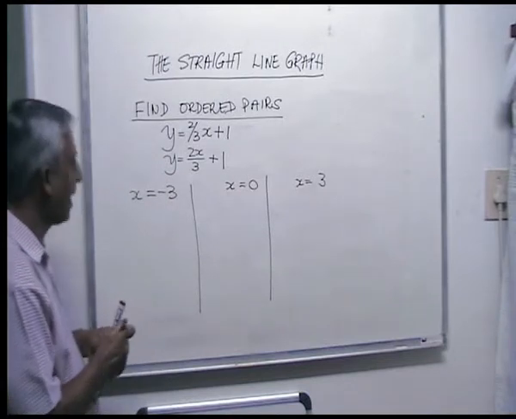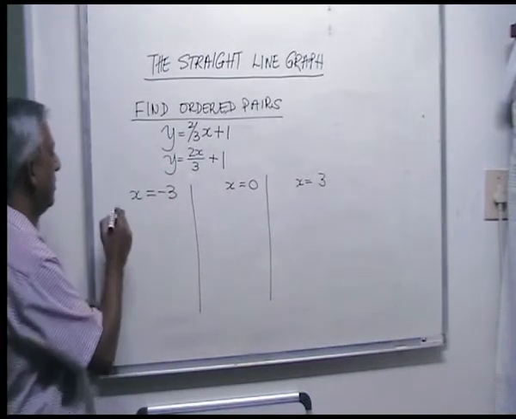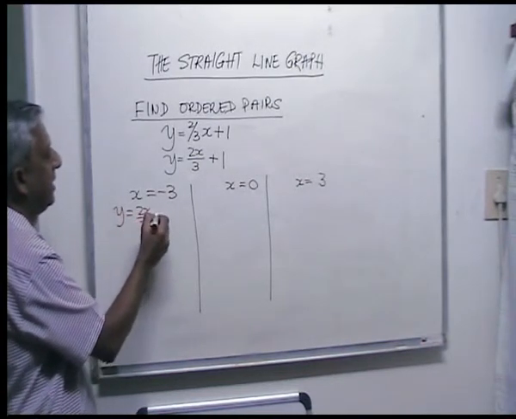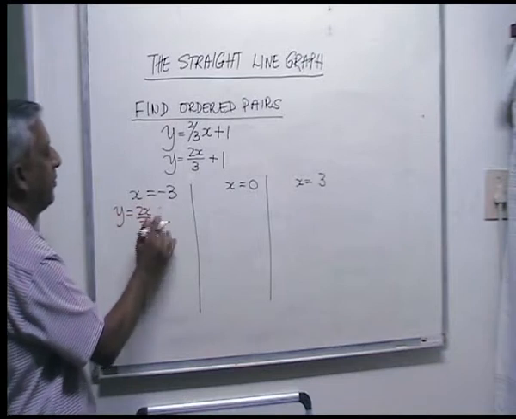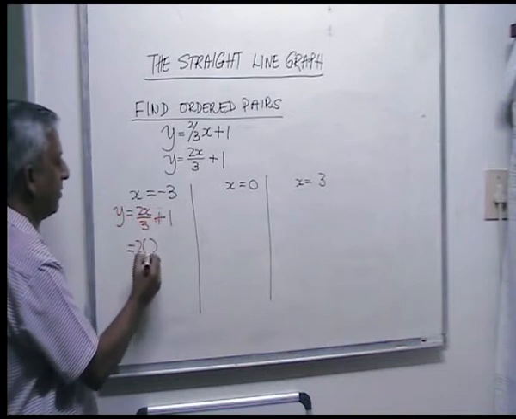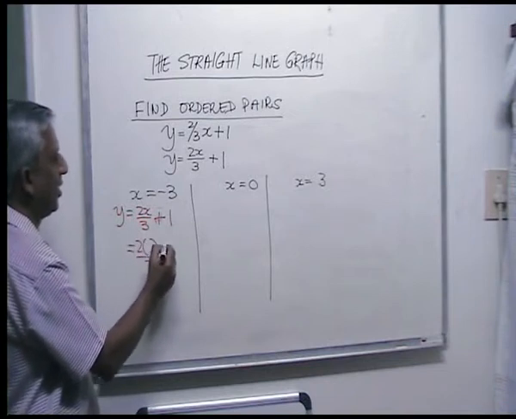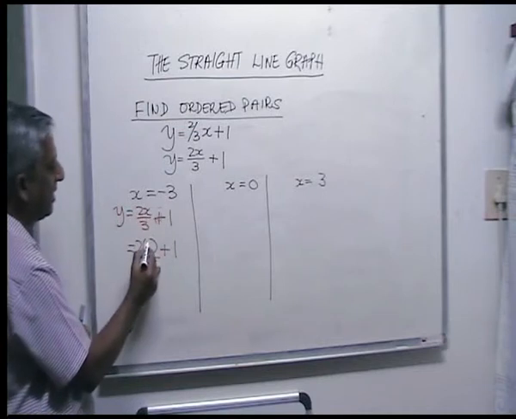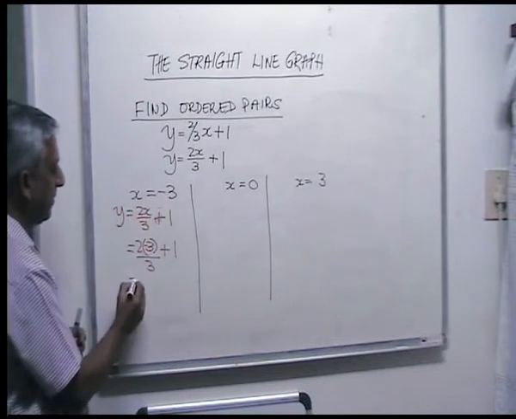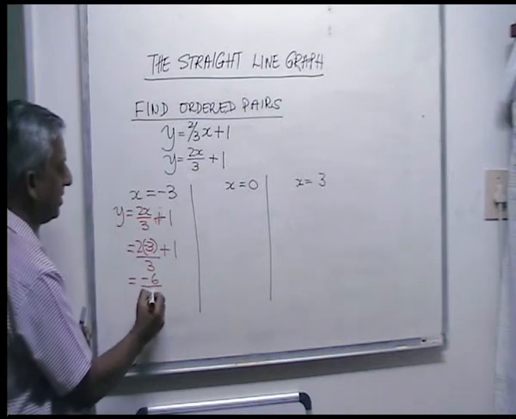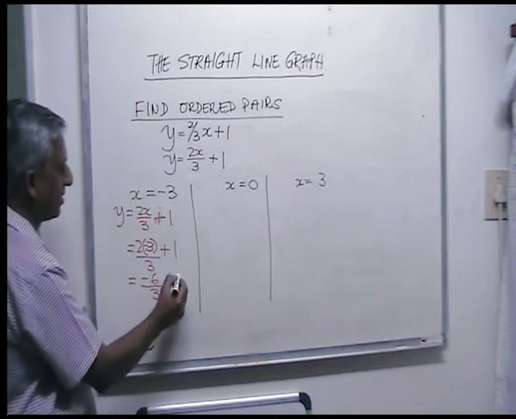Now you'll watch and see what happens. You see, you got y is equal to 2x over 3 plus 1. So it's 2 times something over 3 plus 1. So what are we choosing here? Minus 3. So the number here is minus 3. Now 2 times minus 3 is minus 6 over 3 plus 1.